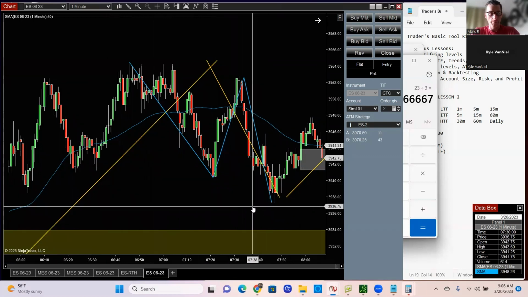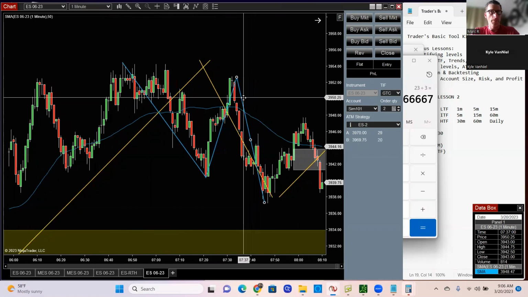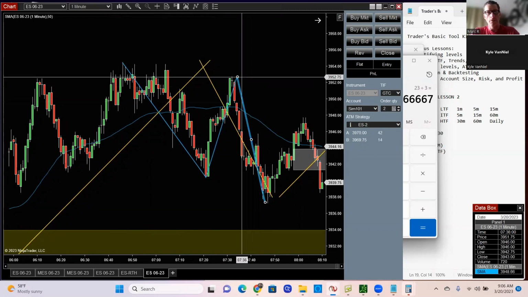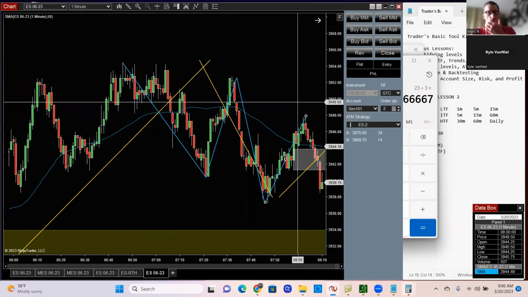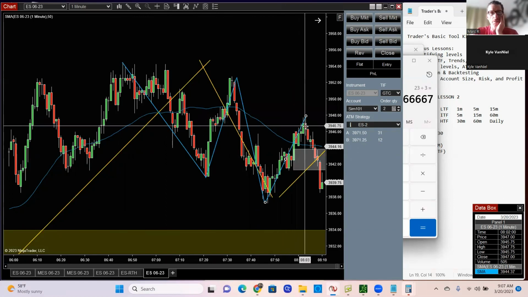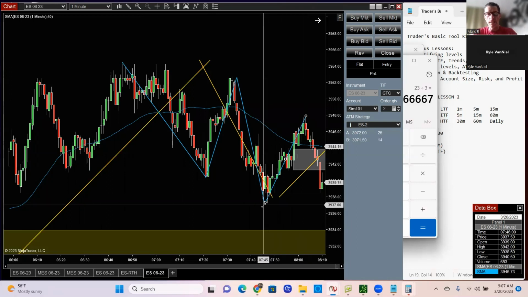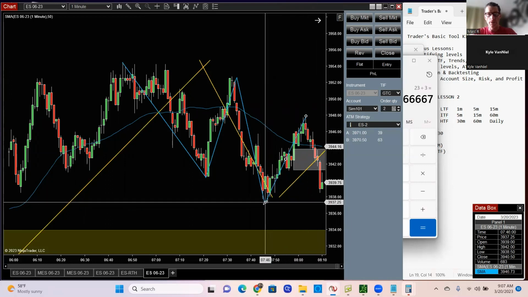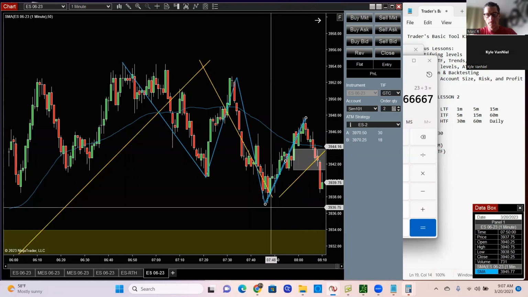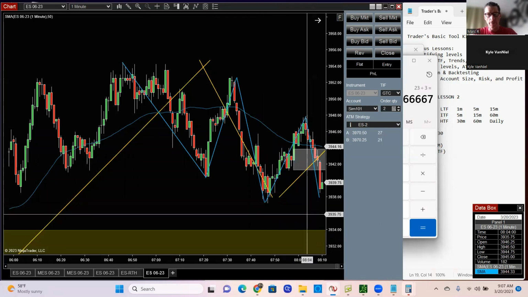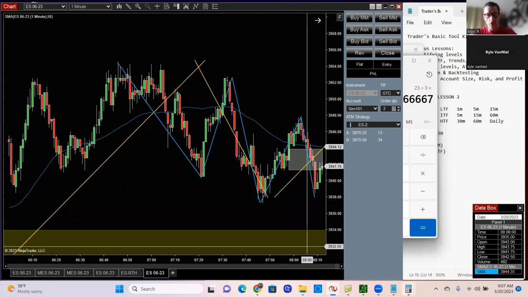Okay, but that doesn't mean you can't get long, because price needs to be moving down to get to your price level in a 5-minute. If you're looking to get long down here in this 5-minute, now we were looking to get long in this 5-minute, right?